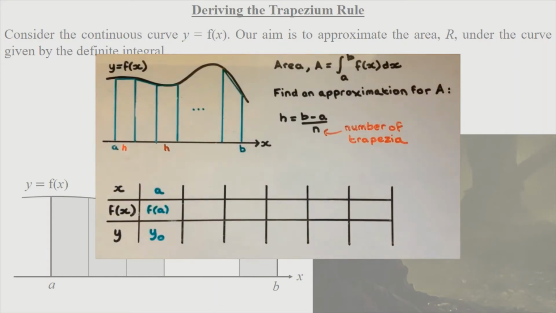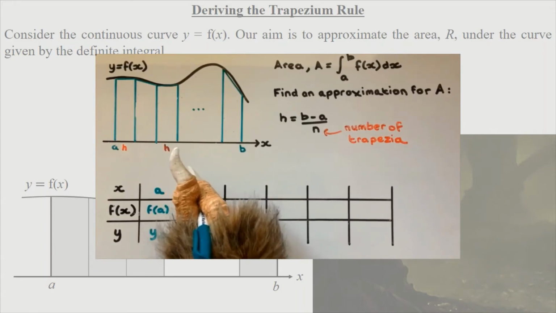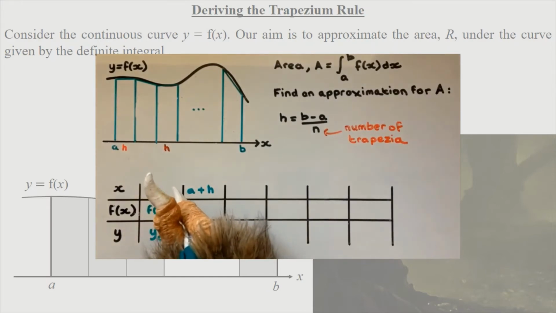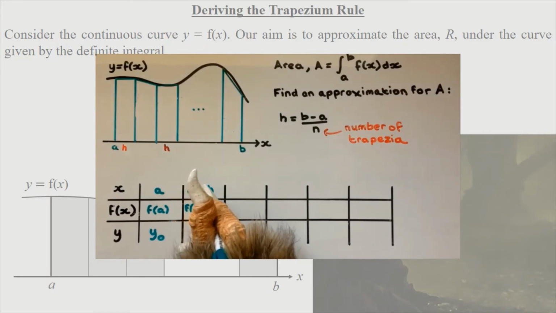So the next x value is going to be A plus h. Let's put that in. So A plus h, like so. And consequently, the function is going to be f of A plus h.